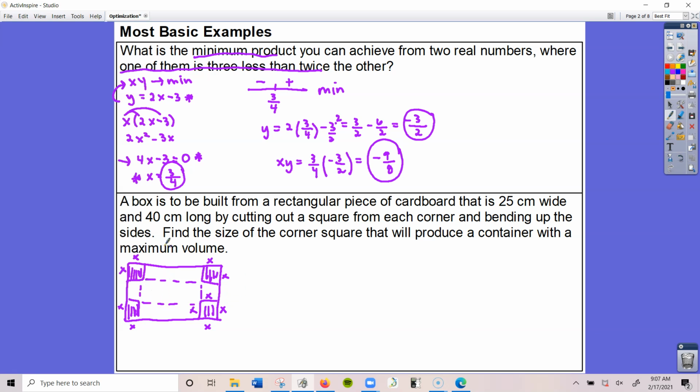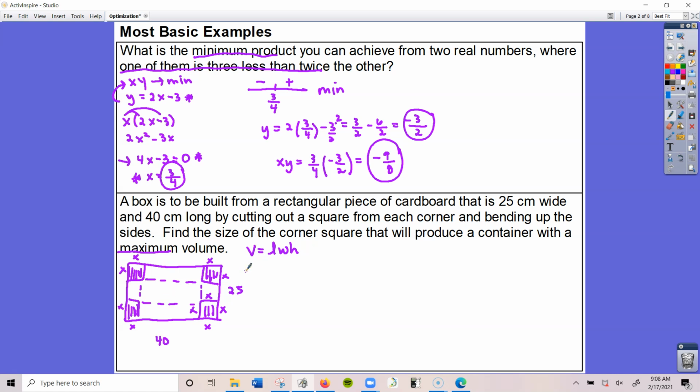So now we're trying to maximize the volume, right? But what we're trying to solve for here is x. Either way, that's the optimization here, we're maxing volume. Now volume, we know, is length times width times height. We are told that the width of this rectangle is 25 and the length here is 40.